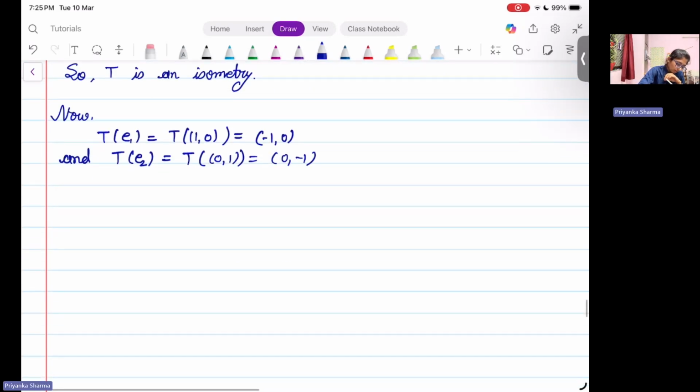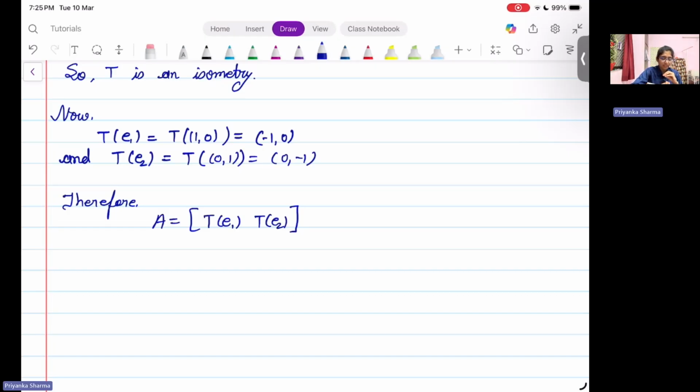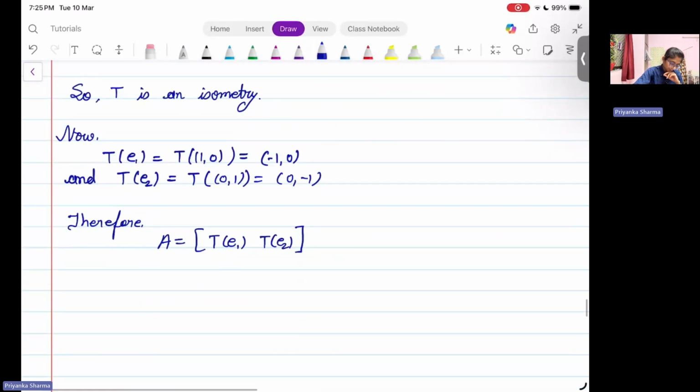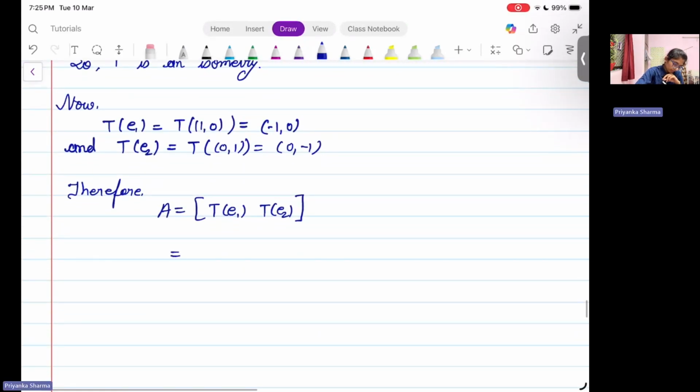Okay, now how do we form the matrix A? This matrix will be [TE1, TE2]. That is, we write the images of E1 and E2 in columns, and thus we get a matrix corresponding to this isometry T. So A will be (minus 1, 0), that is TE1, and then (0, minus 1), which is TE2.